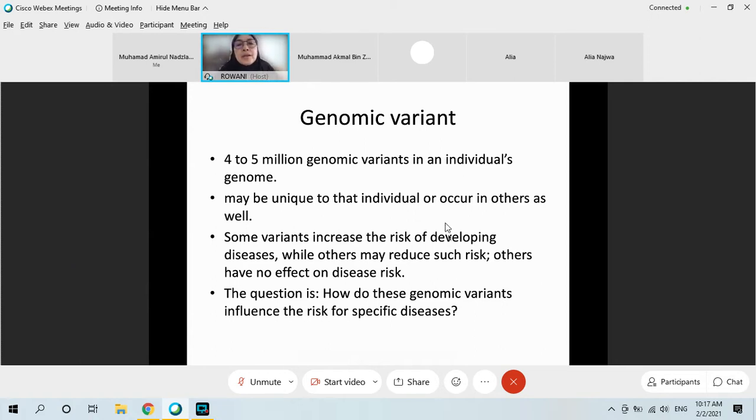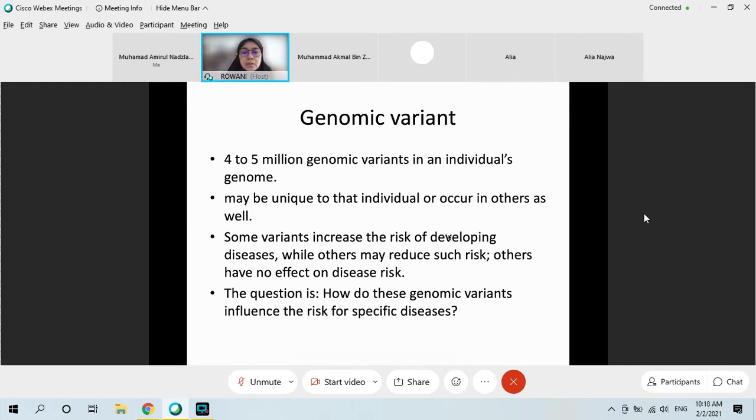Among these variants, some are pathogenic, some are non-pathogenic. Pathogenic means that the variation can lead to disease, depending on the type of variation, the location, and the gene that is affected.